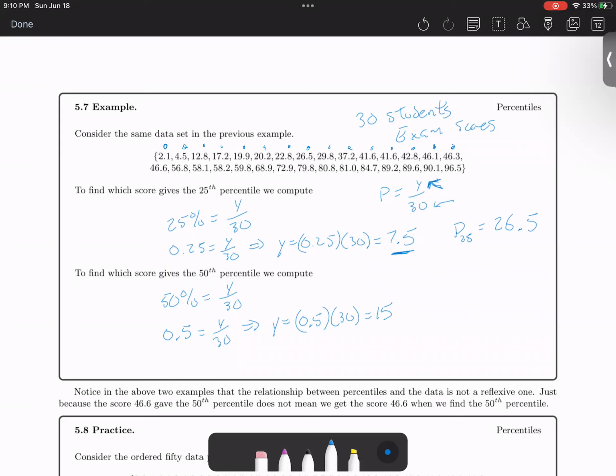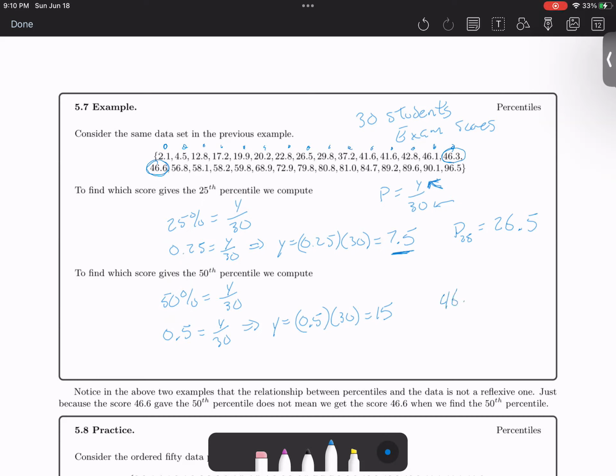Now, I can't accept this 46.3 because it doesn't have 50% of the values less than it, right? It is the 50th percentile. And I don't want to jump up to this 46.6 either. So what we're going to do is average those 2 points.